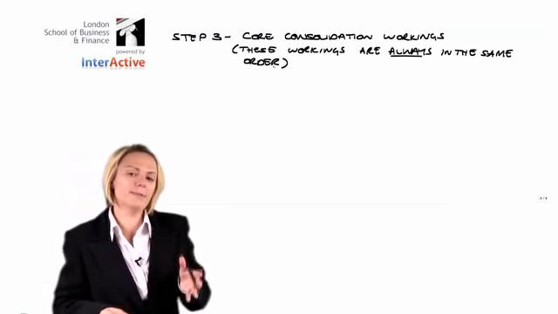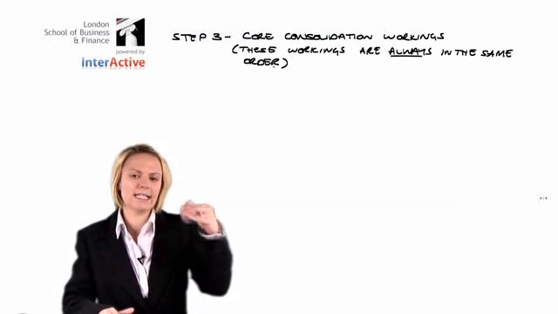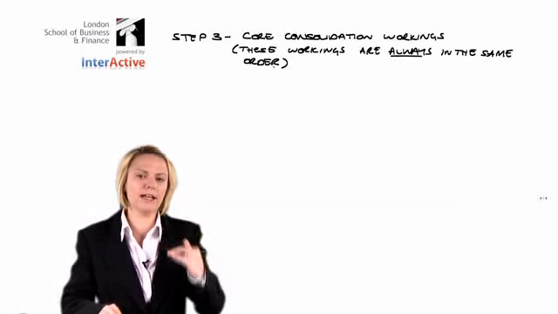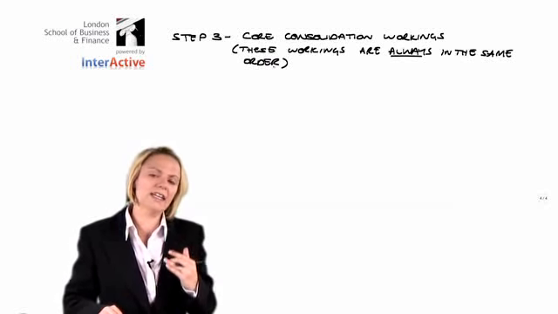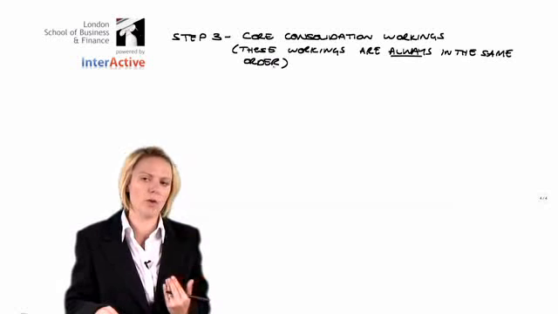They will always be in the same order. So they have to go net assets, goodwill, NCI, group reserves. It always has to be that order. Particularly the net assets first, because that's really the basis for your remainder of workings.